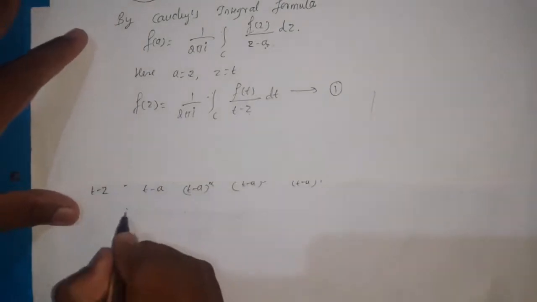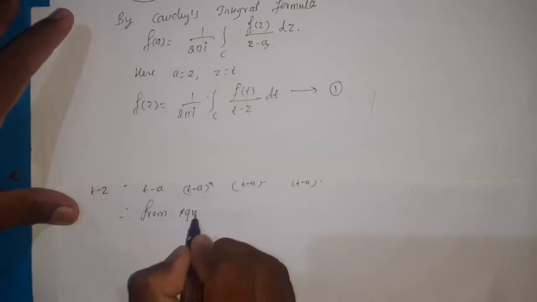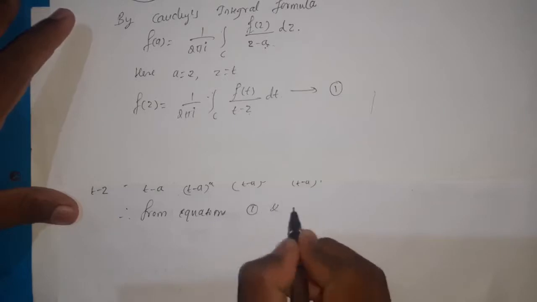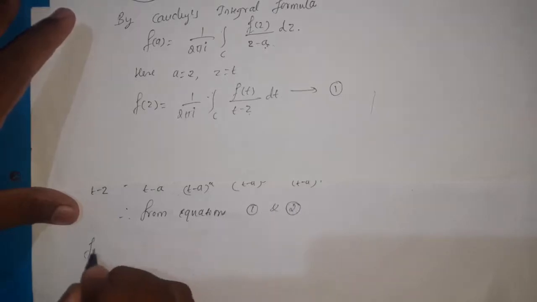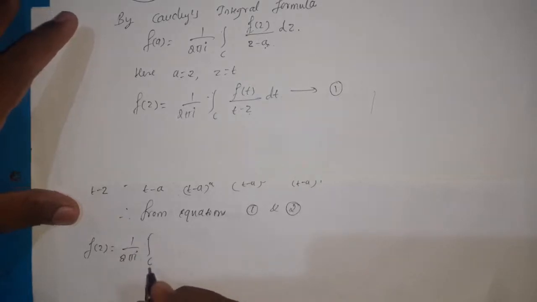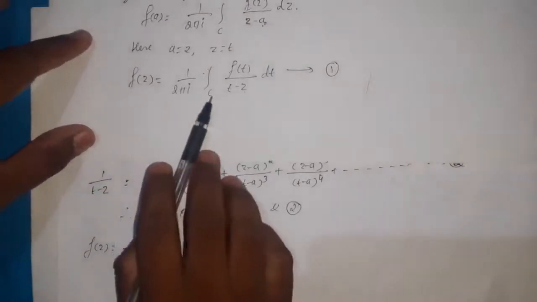So therefore from equations 1 and 2, f of z is equal to 1 by 2 pi i integration over c.